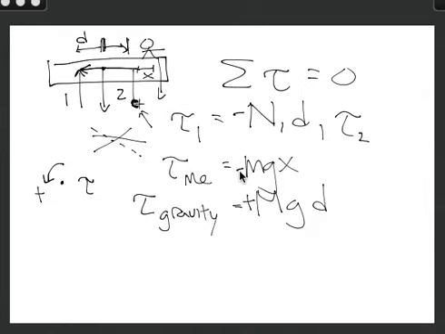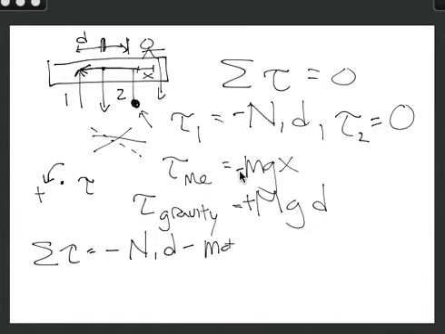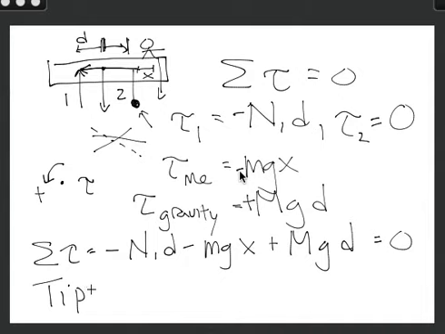Well, that's why you pick a point where a force is applied, because what that means is that the force that's applied at the pivot point is like pushing on the hinges of a door. That torque is 0. So what we have left over then is the sum of the torques is equal to minus n1 d minus mgx plus MGd, and that equals 0. So when it's tipping, that means that n1 is going to 0. The one leg is losing contact.